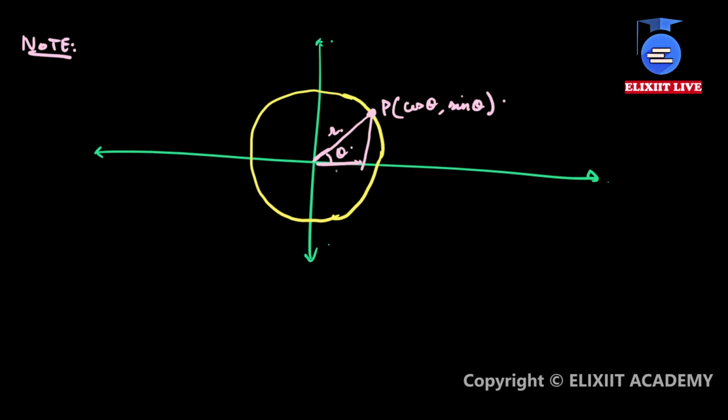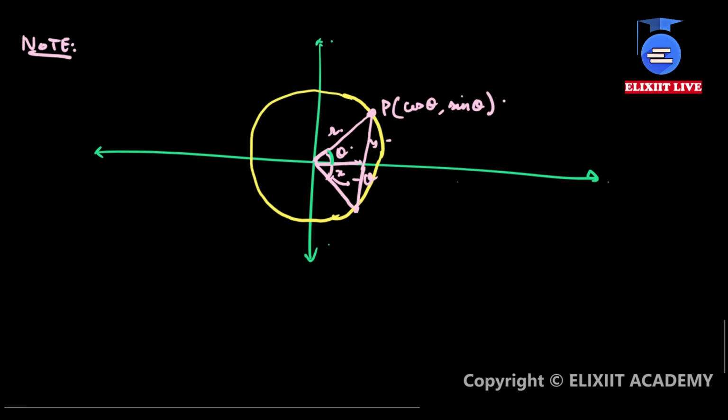If this distance is X, then this is Y. If this is theta, then in the clockwise direction, this will be minus theta.